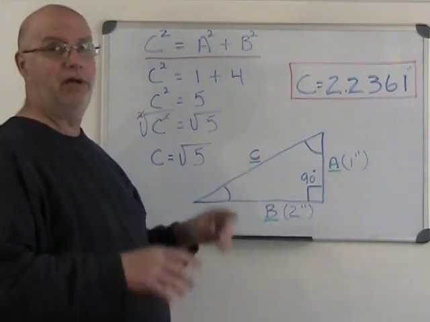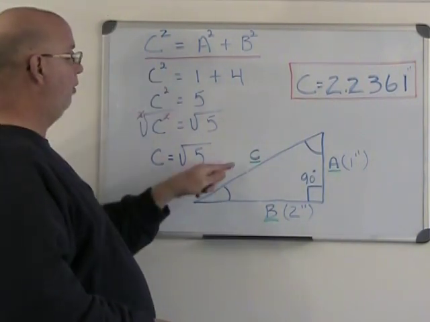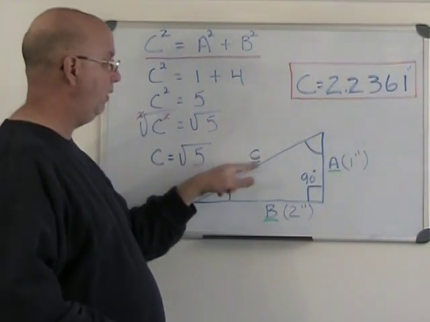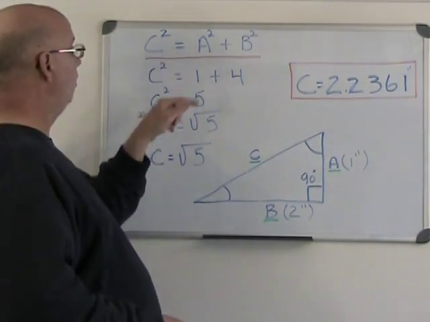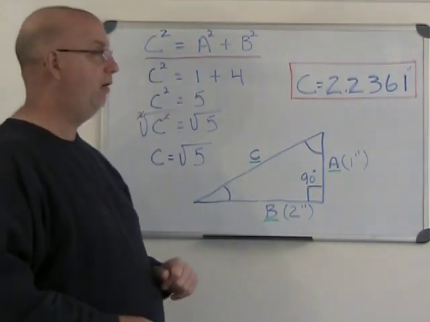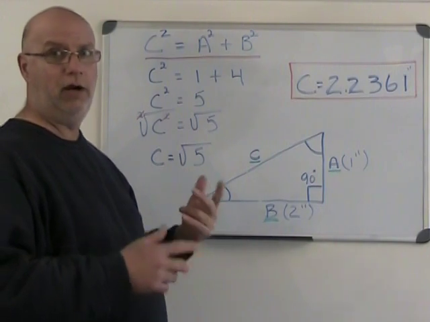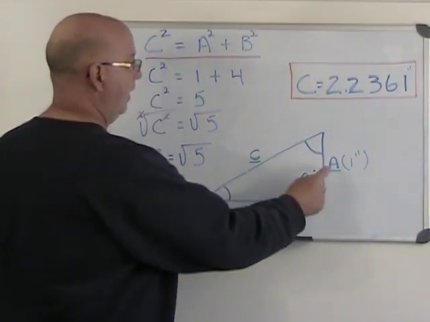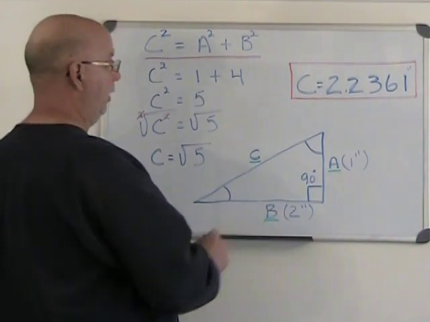You have to know that C is always the hypotenuse. So C, the hypotenuse, squared equals both sides squared and added together. So the sum of the squares of both sides: c squared equals a squared plus b squared.